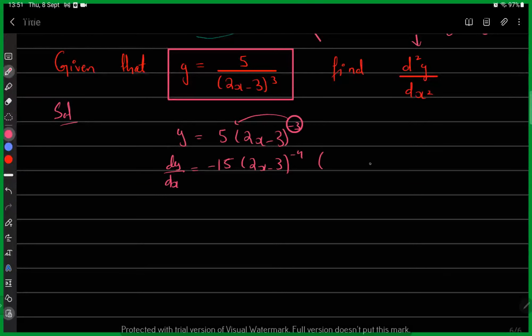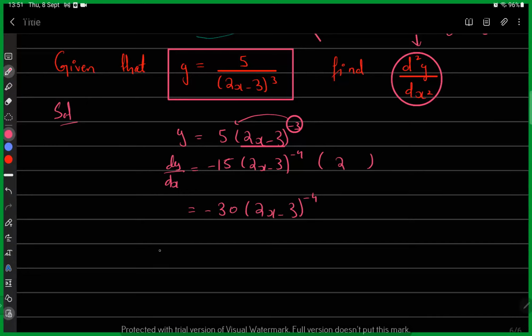Next, I need to multiply the derivative of whatever I have inside these brackets, and that is 2. So this is going to give me negative 30 (2x minus 3) power negative 4. Now this is basically the first order derivative, and in the question I was told to find the second order derivative.